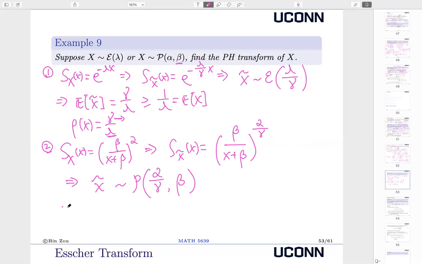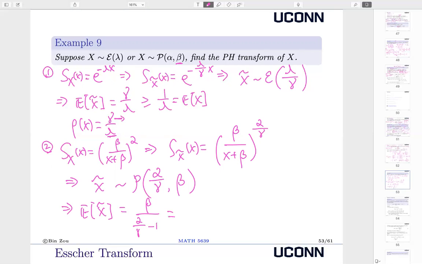So now I know my expectation would be the second parameter, beta, divided by the first parameter minus 1.